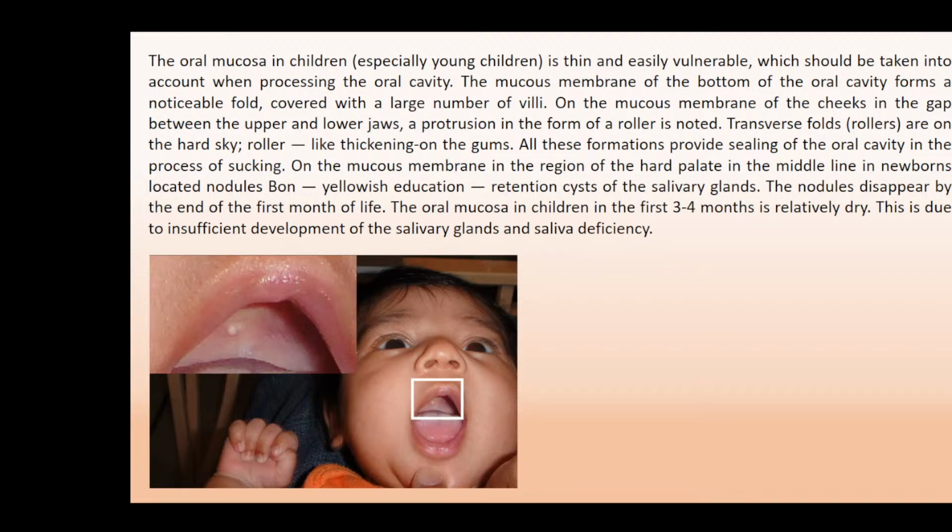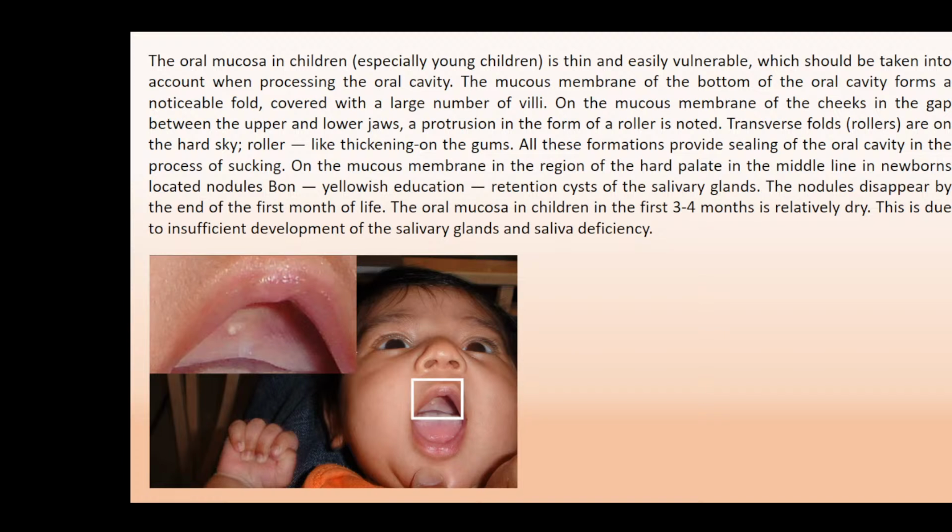Transverse fold rollers are on the hard palate. Rollers like thickening are on the gums. All these formations provide sealing of the oral cavity in the process of sucking.